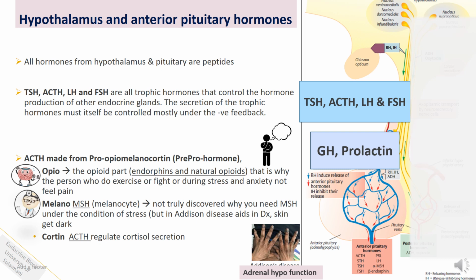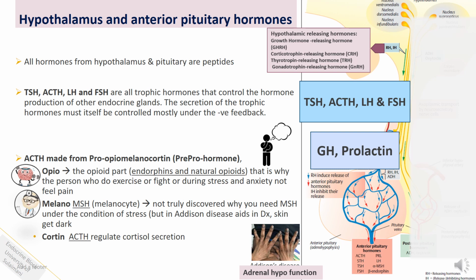So TSH controls hormone production of the thyroid, ACTH the adrenal cortex, and LH and FSH the gonads, which are all endocrine glands. So whenever a hormone has an effect on other hormones, it's called tropic, and trophic for increasing the cell size, growth and production of hormone by those endocrine glands.